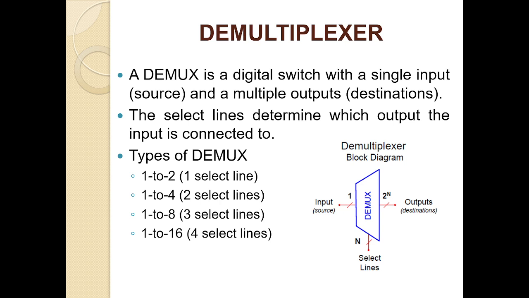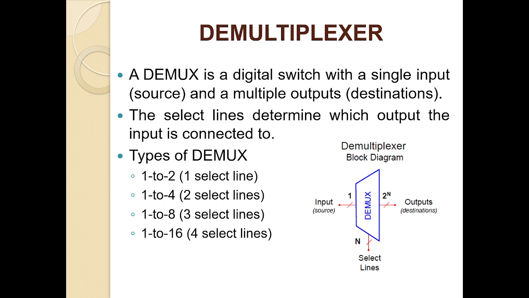The types of demultiplexers are 1:2, 1:4, 1:8 and 1:16. Because the outputs are 2 power n: 2 power 1 is 2, so it is a 1:2 demultiplexer with 1 selection line.